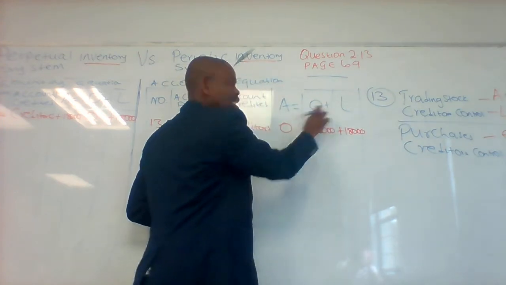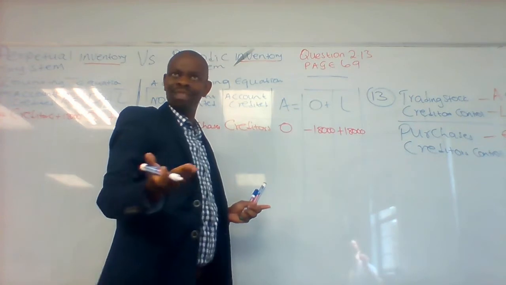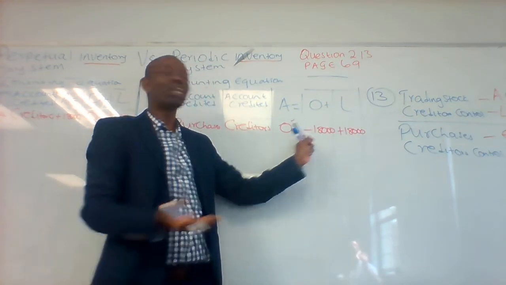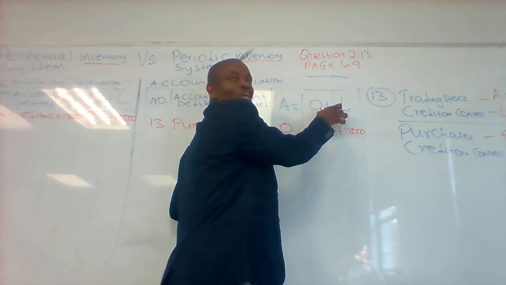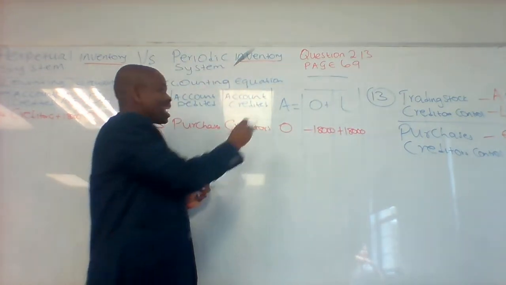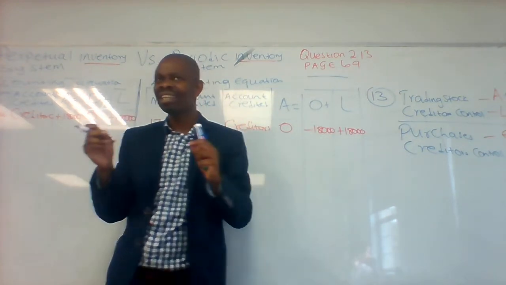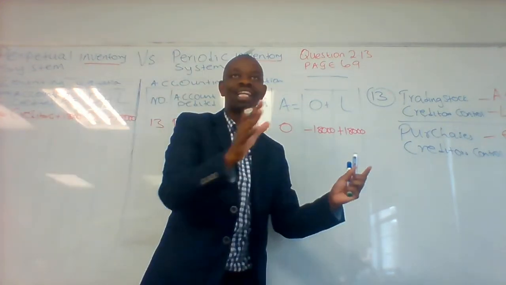But because I'm affecting the two, the signs will never be the same. Did you get me? I put plus and I'll put minus here. I'll never have minus and minus as long as I affect the two. We only have the same signs when I affect assets and one of them. Did you get me? Yes. So always start with the one that you understand better and use your technique. It helps.